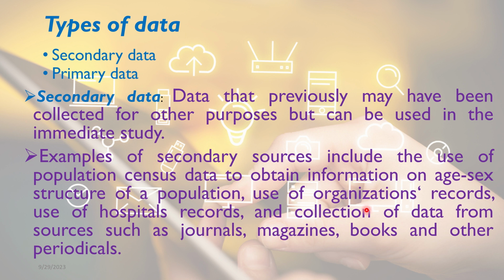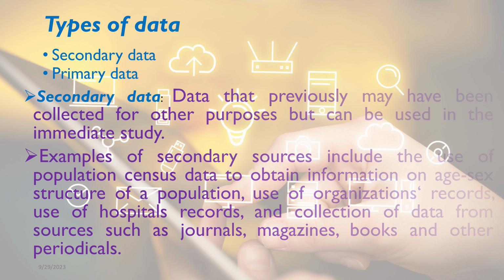You can use organizations' records. You can take records regarding patients or diseases from hospitals. You can get data from journals, magazines, books, or other periodicals. You can get data from police stations as well regarding fatalities and crimes in the town.